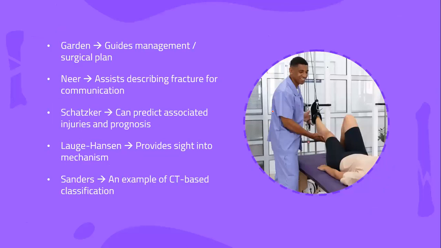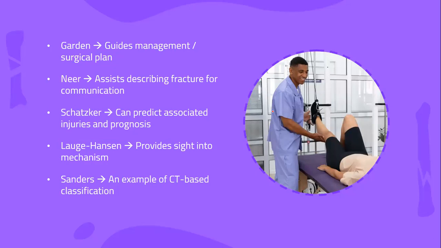Here we have the Garden classification, which is related to management and the surgical plan. Notice that some classifications are not related directly to bones, but to some other aspects. The Garden classification is related to the management and surgical plan. The Neer classification assists in describing the fracture for communication.